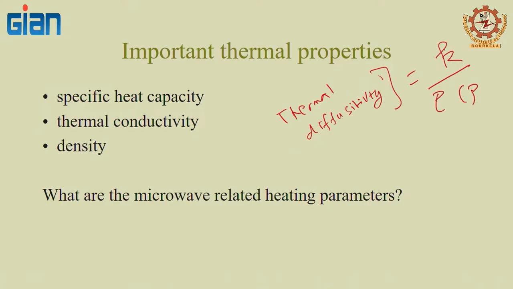So, your thermal conductivity, your density, and your specific heat all play an important role. These properties are also important in the case of microwave processing when there is no microwave applied. But what are the microwave related heating parameters?